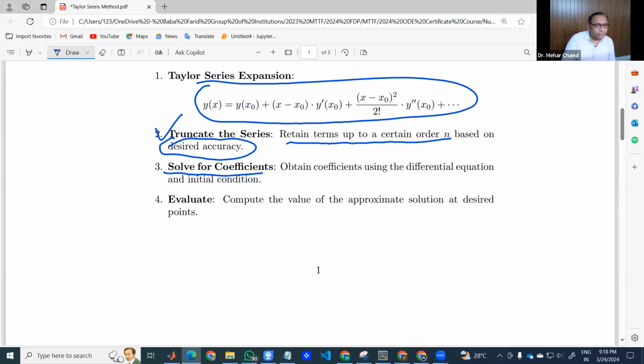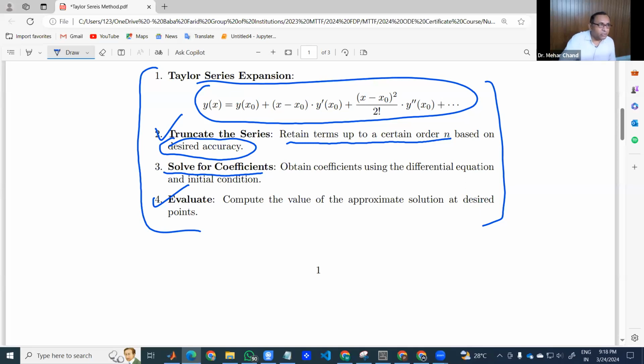After that, we compute the values of the approximate solution at the desired points. These four steps we need to follow to find the solutions of an initial value problem.